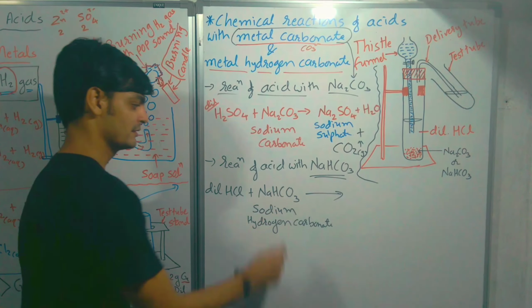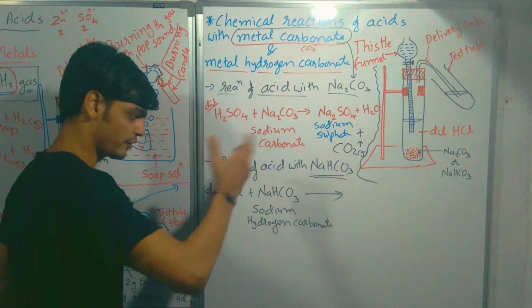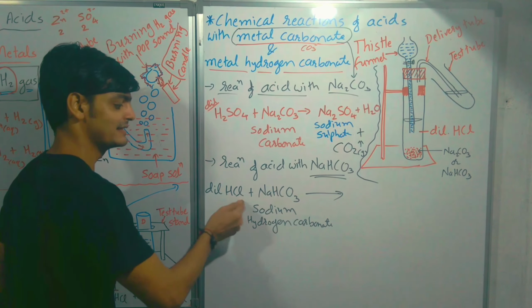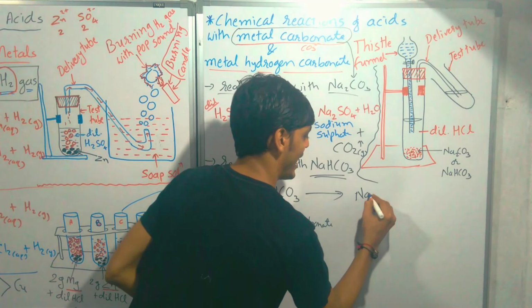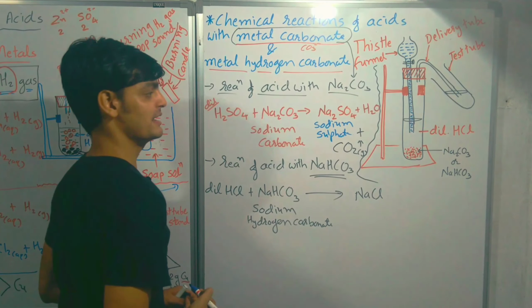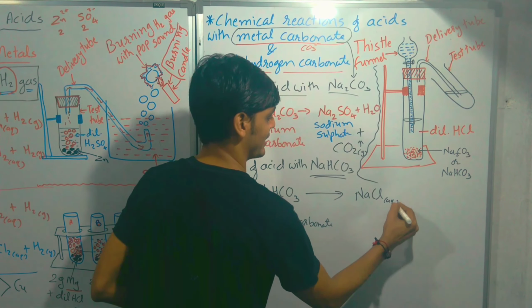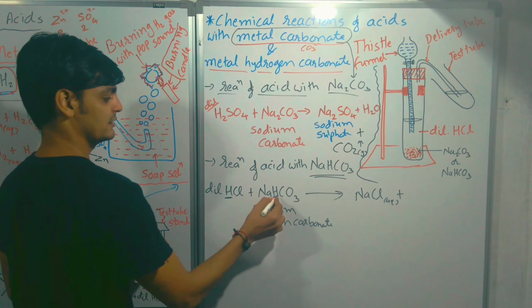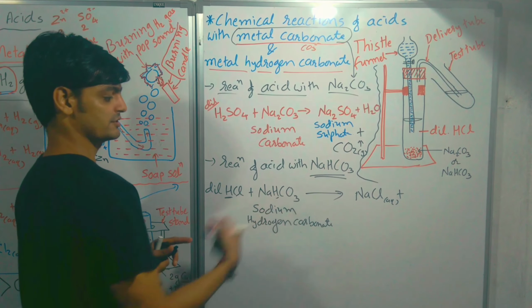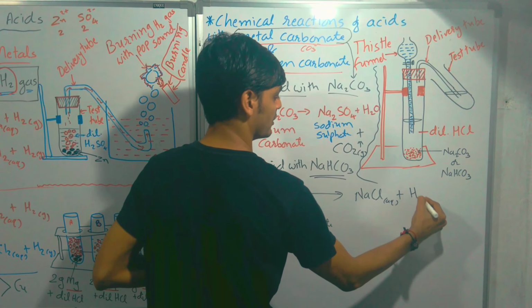It forms sodium, positive, and from HCl, chlorine, which is negative. So here it will form NaCl. The salt will be NaCl, aqueous, plus water. Again, see this hydrogen, here one hydrogen and one oxygen, from here it is forming water.